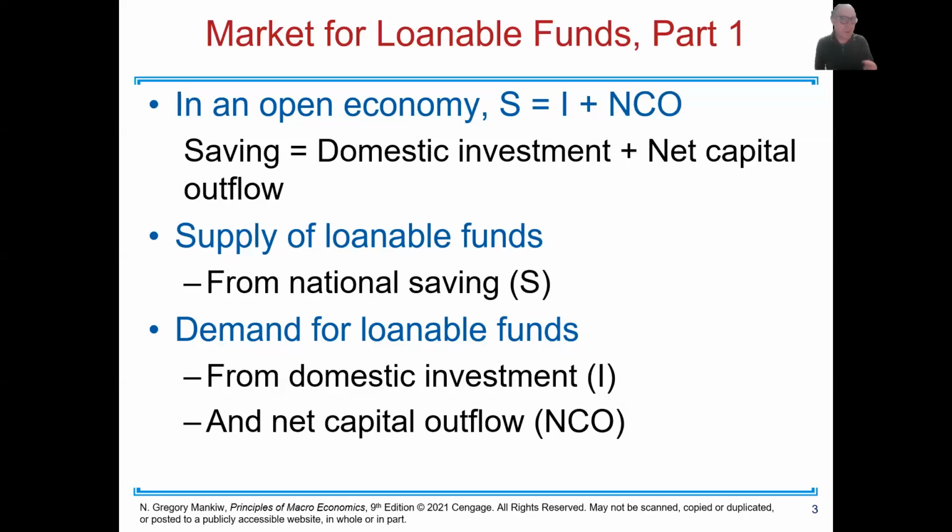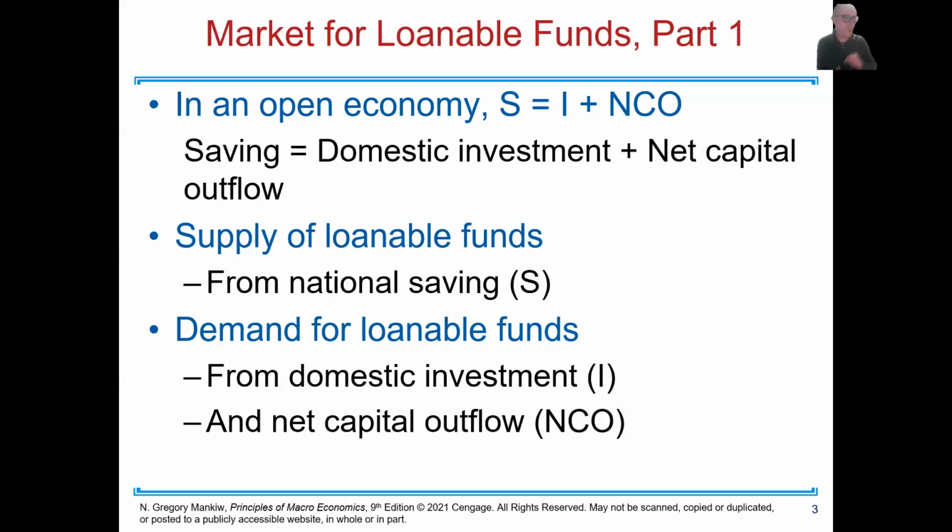The money comes from savings. Kind of like the earlier example I gave you, where our savings are used for loanable funds when we put it into the bank. Same principle applies here. The national savings is used as loanable funds.